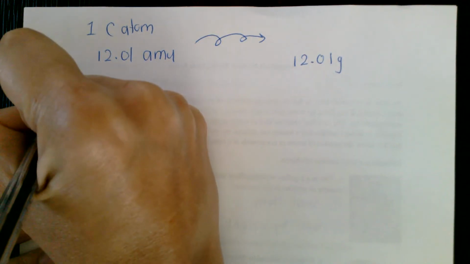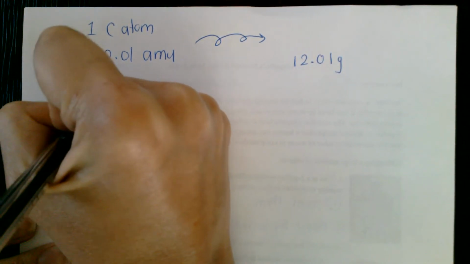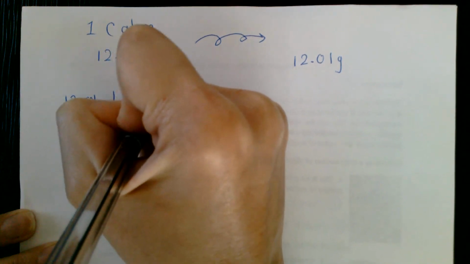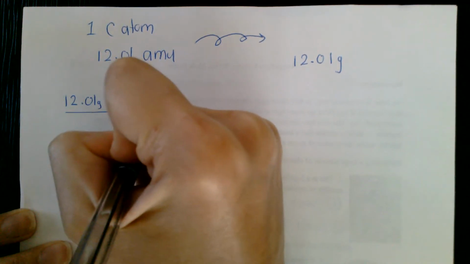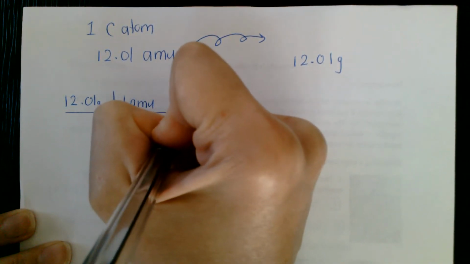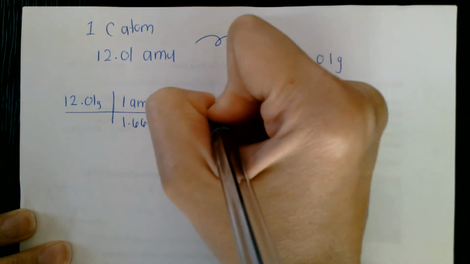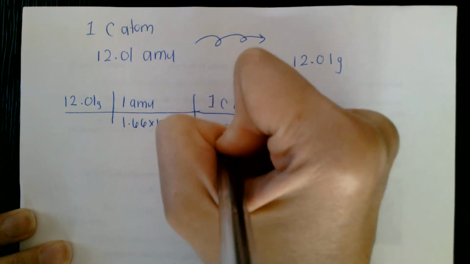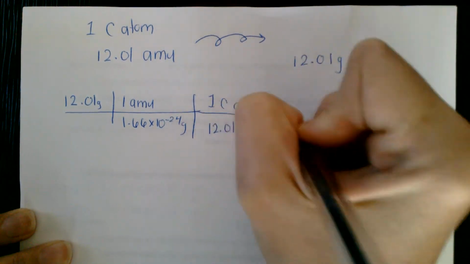Okay, so if we look, we wanted 12.01 grams. We're going to do the exact same conversion. So 1 AMU per 1.66 times 10 to the minus 24 grams. And then for every one carbon atom, we have 12.01 AMU.